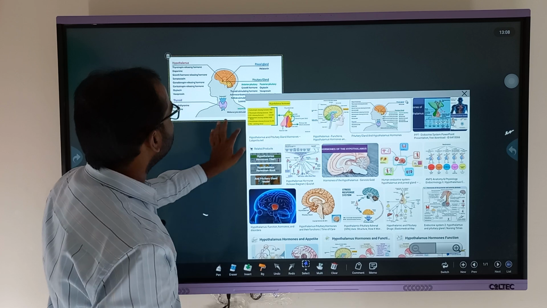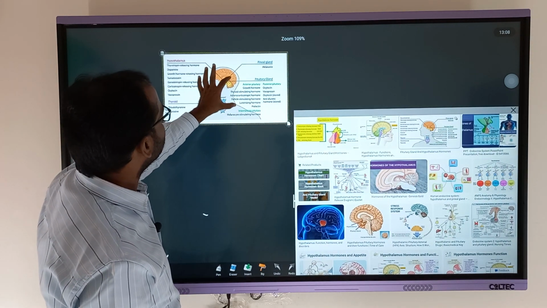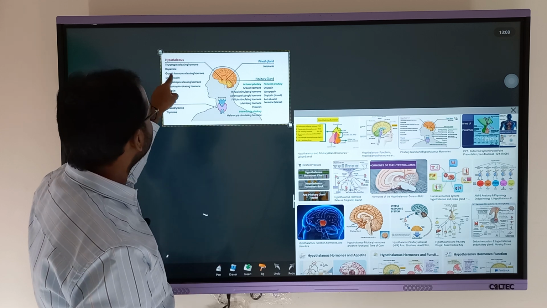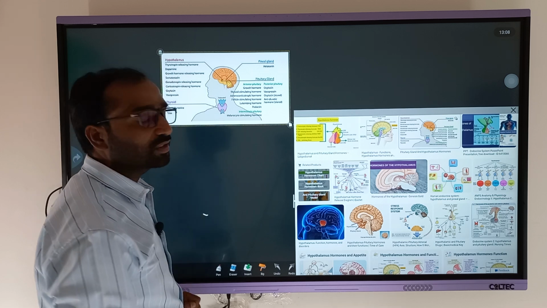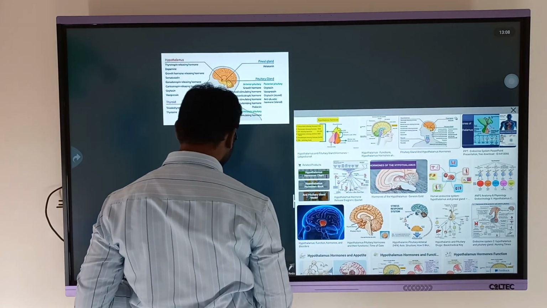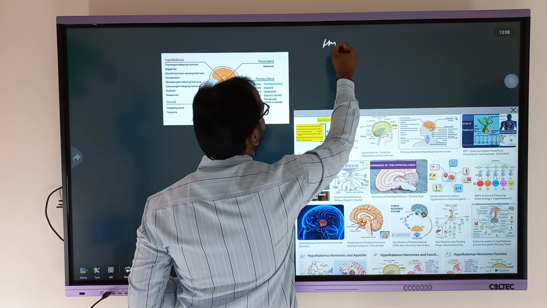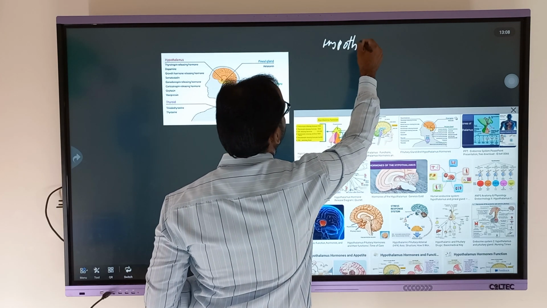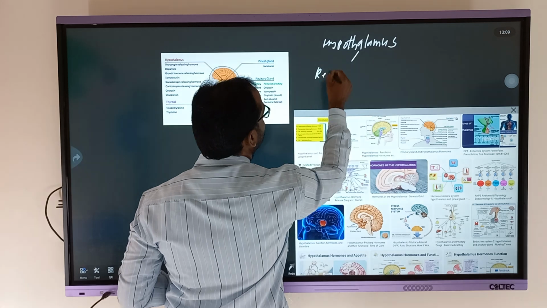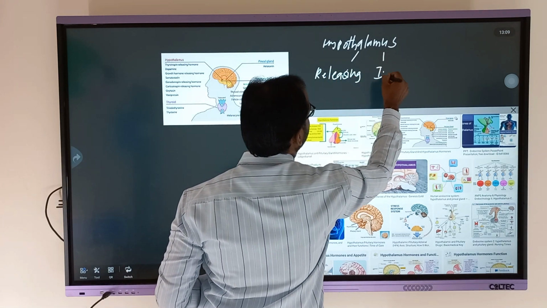Yeah, see here, if you check it out, we'll be having releasing hormone as well as inhibiting hormone. Suppose this is growth hormone releasing hormone. The first thing is the hypothalamus will have two types of hormones. One is releasing, and one more is inhibiting.